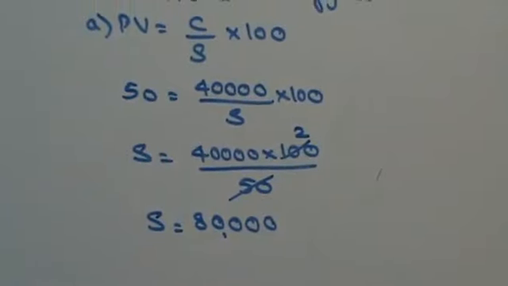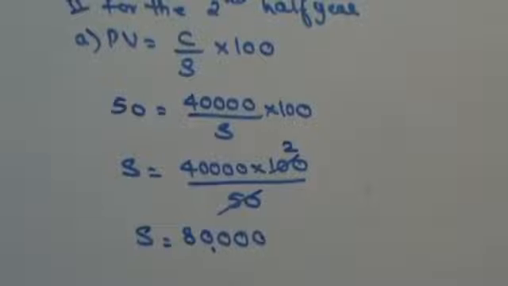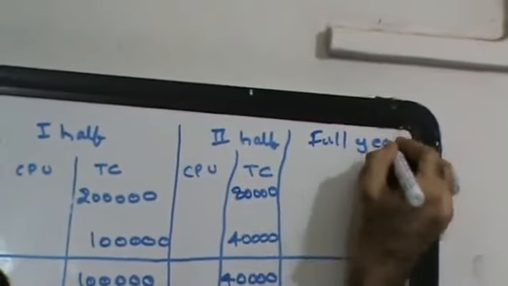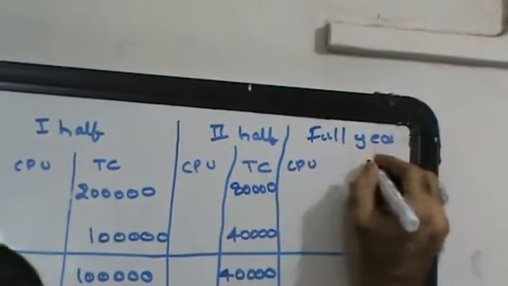Okay. Next, they have also asked you to find out the BEP and MS for the whole year. Now, full year. CPU, PC.